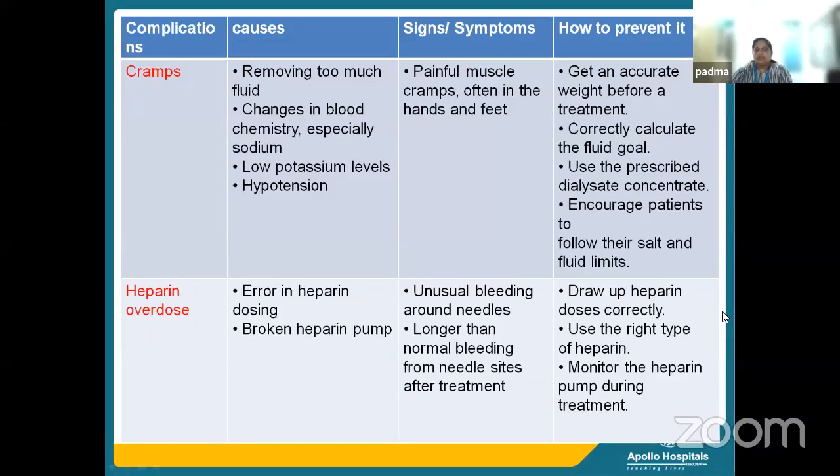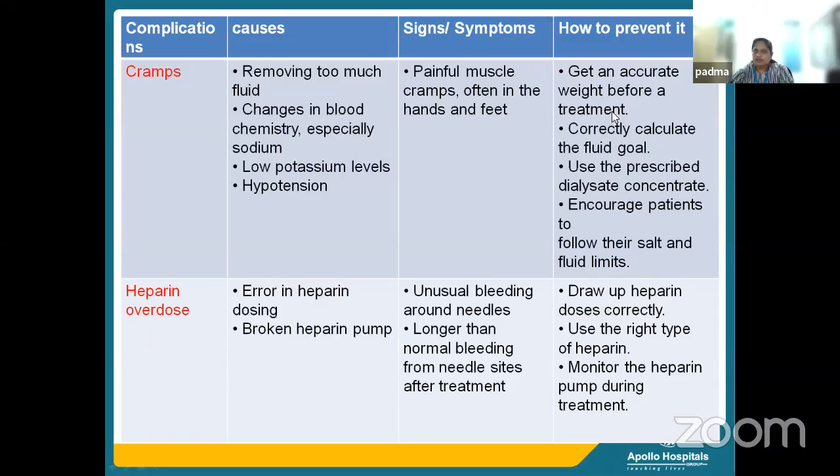And cramps. Removing too much ultrafiltration also causes cramps in renal patients. Changes in blood chemistry, especially sodium and low potassium levels, and hypotension. So the symptoms are painful muscle cramps, often in the hands and feet. During dialysis, most of the patients will complain of cramps, and some patients may have severe painful cramps.